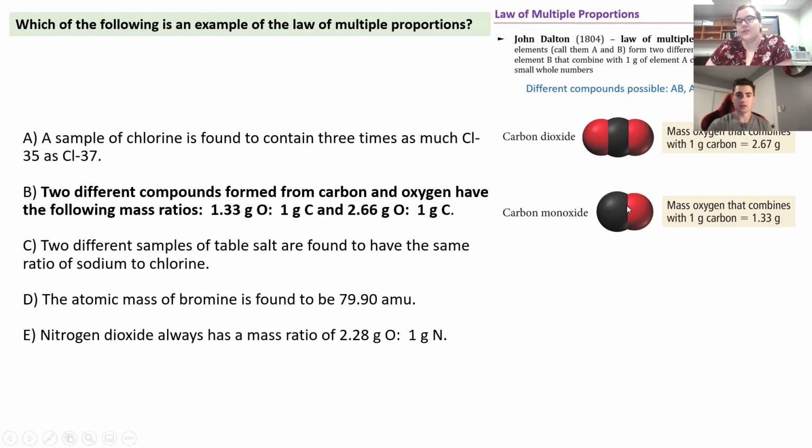Carbon dioxide and carbon monoxide are just the example because they're fairly common. We know what carbon dioxide and carbon monoxide are, but it could be anything. It could be silver chloride. It could be anything. That's why there are the generic different compound possibilities up here.